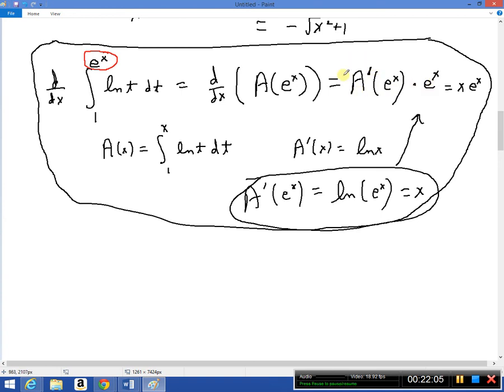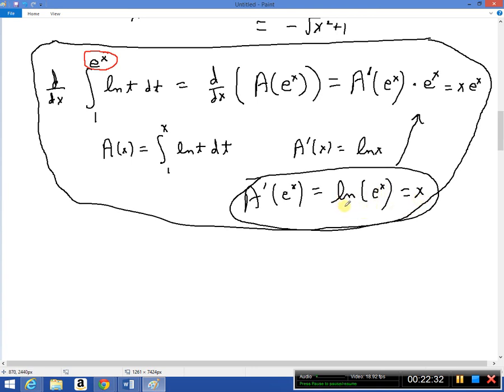Okay, the derivative of the area function is just the integrand, the function in here, evaluated at x. But this says the derivative of the area function, which is the integrand, not evaluated at x, but evaluated at e to the x. So it's natural log not of x, but natural log of e to the x. And that just reduces to x.